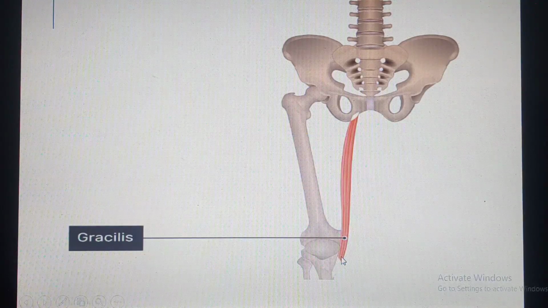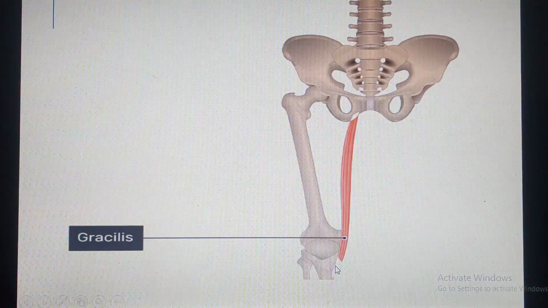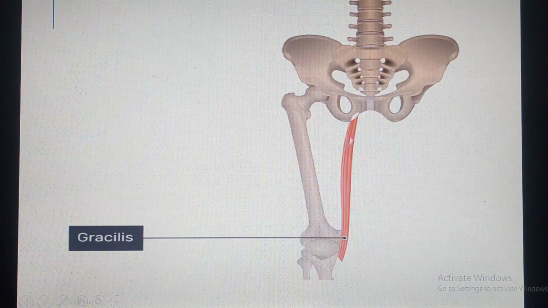One thing that we have to know is that this one will insert behind the insertion point of the sartorius muscle. And again, this muscle will be innervated by the anterior division of the obturator nerve.